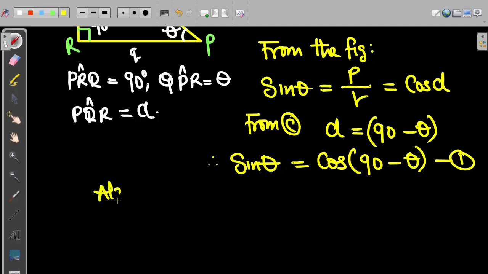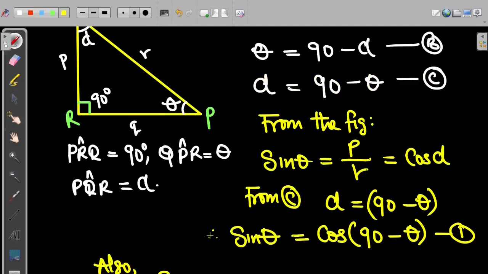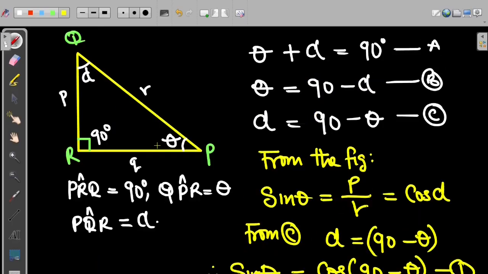Now, also, if we consider cos theta, from the figure, you will find out that cos theta is adjacent over hypotenuse, which is q divided by r, and also sine alpha is opposite over hypotenuse.